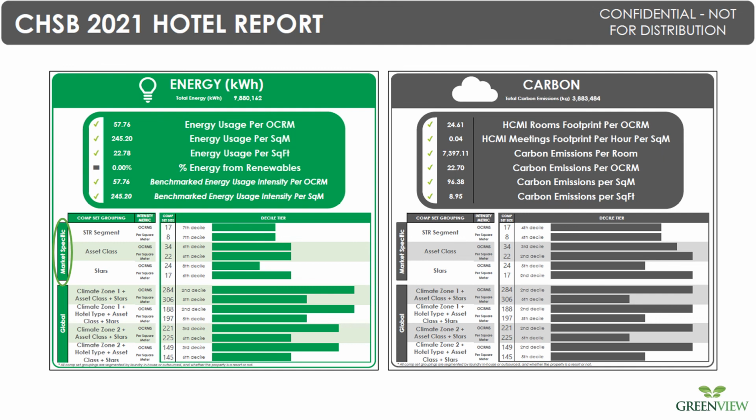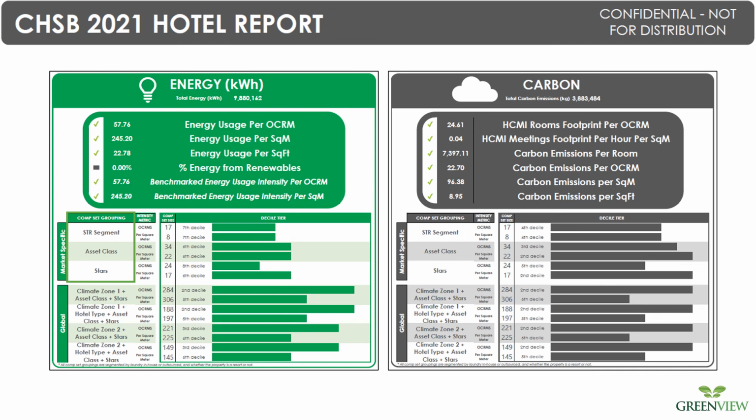The second is based on the two climate zones described earlier. For the comp set groupings, we have three groupings specific to markets. One is grouping by the STR segment, the second is grouping by asset class, and third by Expedia stars.